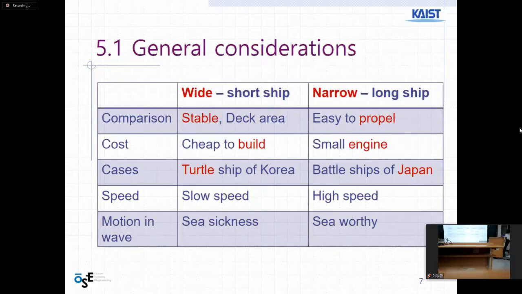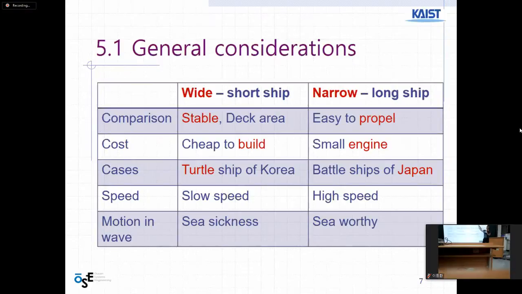But anyway, the turtle ship is intended to be used near the coastal line. That's why they don't need a slender body. The Japanese ship needed to come to Korea. The distance between Japan and Korea is not far, but the sea was rough between them.